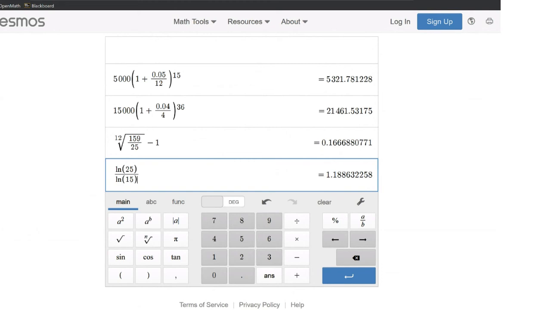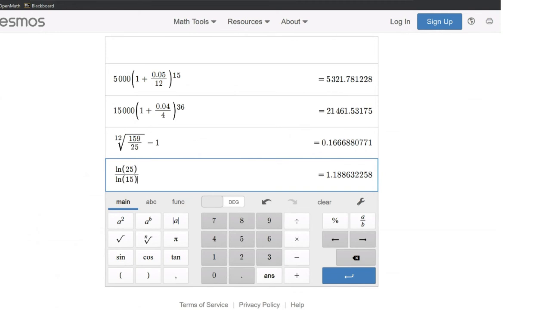Again, Desmos does not understand if I tried to type in my own base. So we would have to do that manually. Some calculators, like the calculator that I have sitting here on my desk, a Casio FX115 ES Plus, actually have a special button that lets you type in your own base.